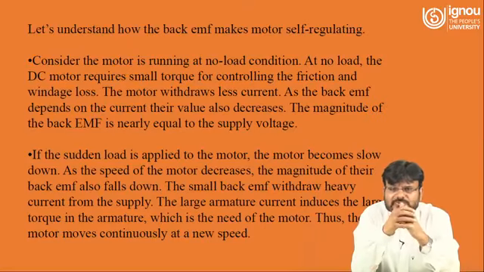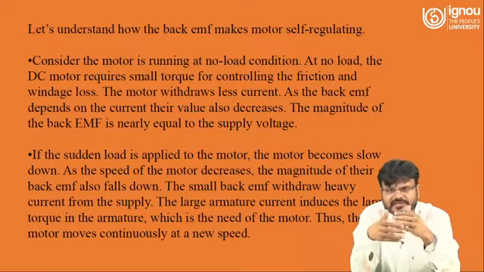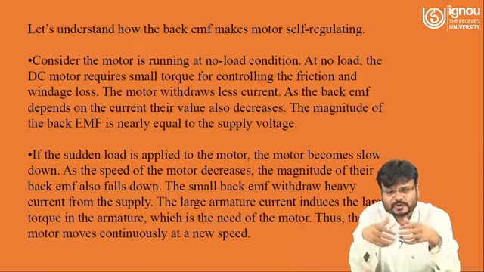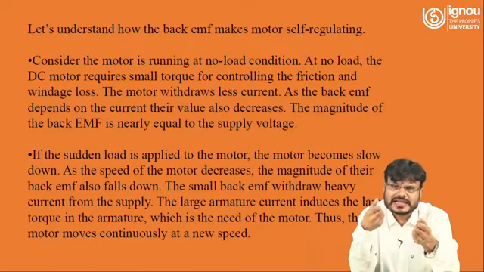What is the meaning of that? You are increasing the load on the lift, so the motor is not moving. Similarly, you can understand the railway traction system. If passengers are more, that means the load is increasing, and the motor will draw extra current.